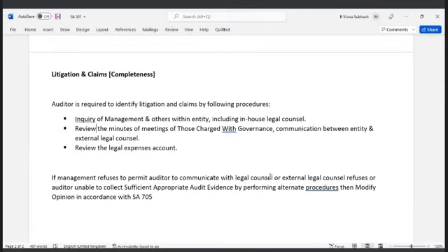Then review the minutes of meetings of those charged with governance and communication between the entity and external legal counsel. If there is any legal committee, litigation committee, or compliance committee, those people might be discussing all these things.